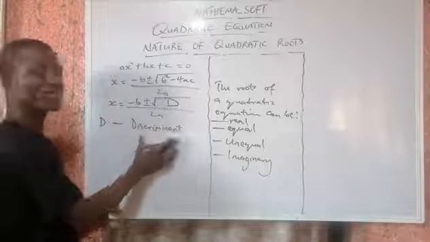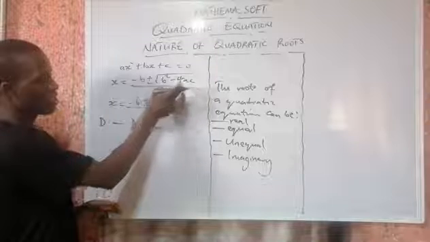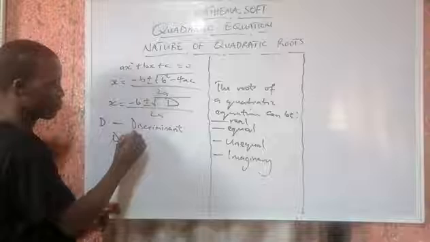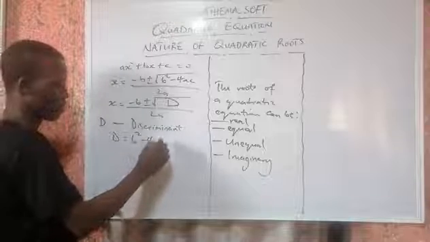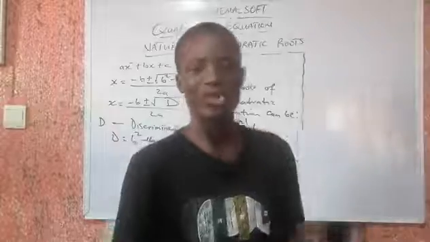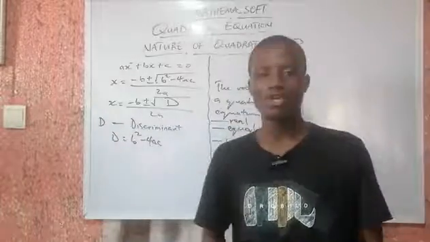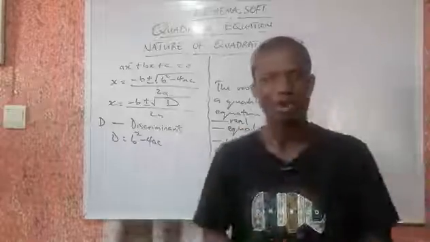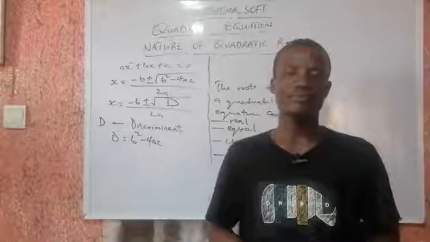The discriminant d is equal to b squared minus 4ac. It is very important for us to note that we use these discriminants to discriminate the nature of the roots of a quadratic equation.